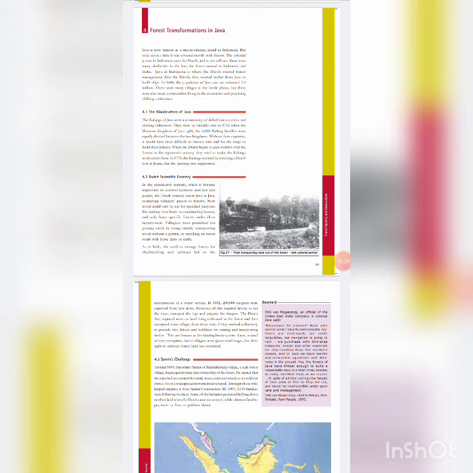Firstly, the Dutch imposed rent on lands being cultivated in the forest and then exempted some villages from these rents if they worked collectively to provide free labor and buffaloes for cutting and transporting timber. This was known as the Blandongdiensten system.